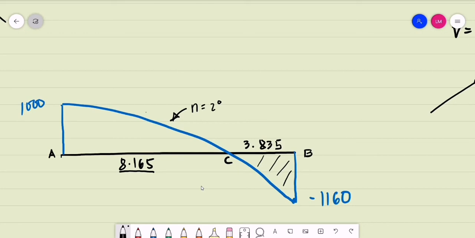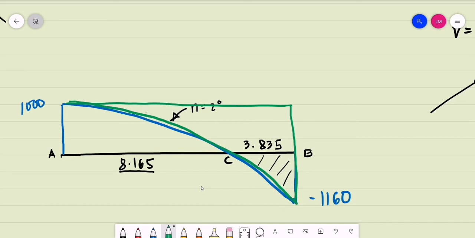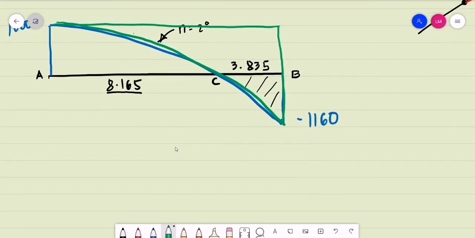Okay, we may consider the larger spandrel, since this is part of a spandrel. Okay, the appearance of our larger spandrel will be this one. I'm using the green pen. This is our spandrel. Okay, how do we compute for the area of a spandrel?